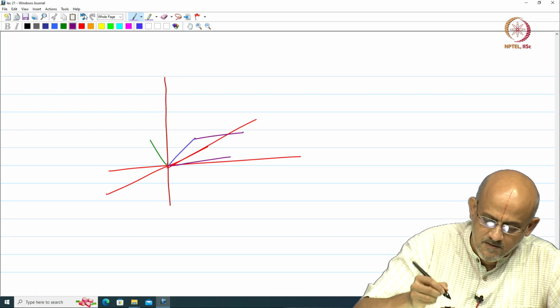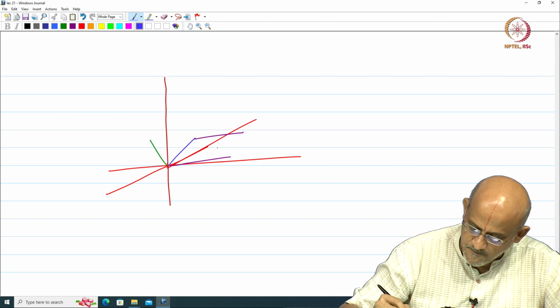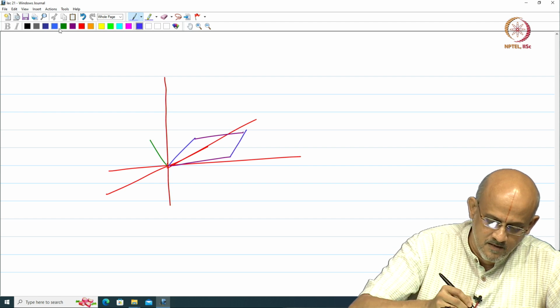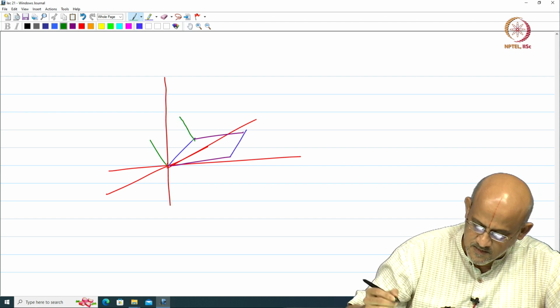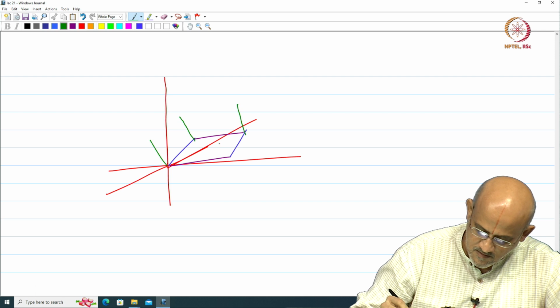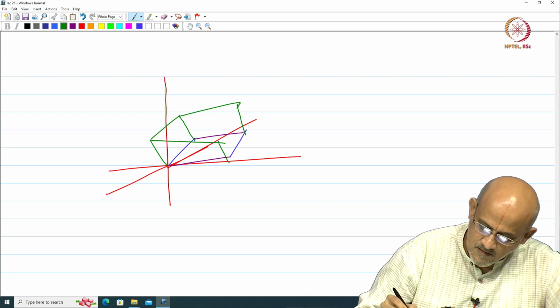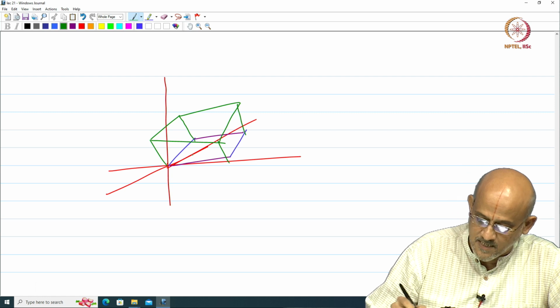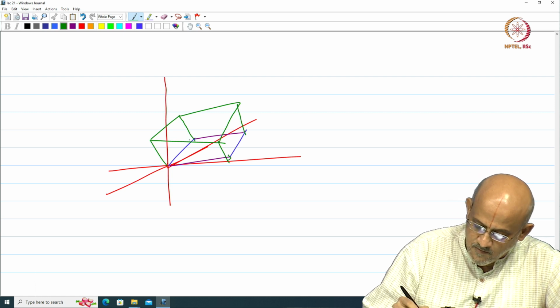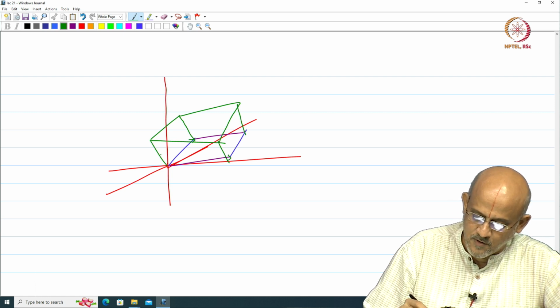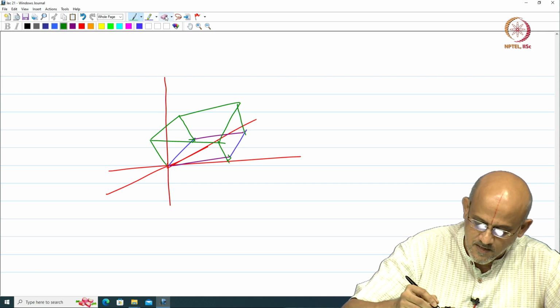The parallelepiped will look this way, and everywhere I am going to draw this. So, we get this parallelepiped to be formed. This is basically where the purple vector, the green vector and the blue vector that we have. Okay, let me do this.